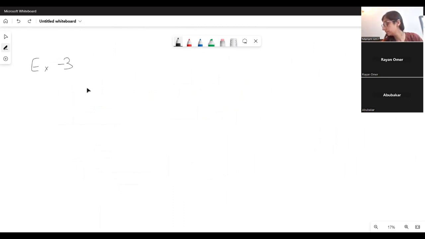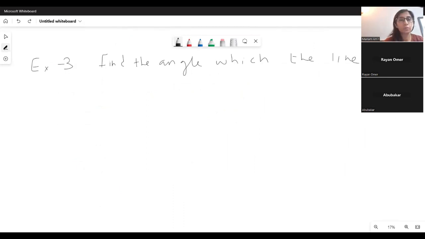Find the angle which the line 2x plus y equals 5 makes with the x-axis.